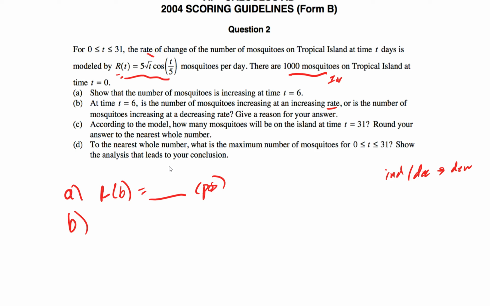Since we're already a rate, that's why on the first one I didn't need to take a derivative, because we're already increasing, decreasing. Now I'm asking, is my rate increasing? So I got to take a derivative of R. Plug that into your calculator. You get a positive, it's increasing. You get a negative, it's decreasing. Since a rate of a rate is a derivative. Since we're a rate, the first one's not.